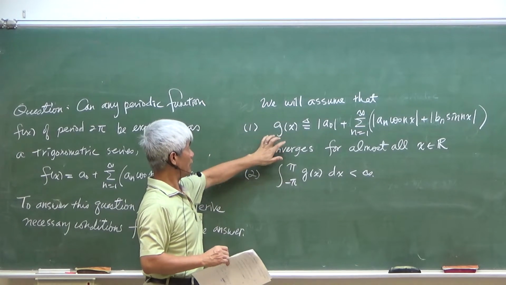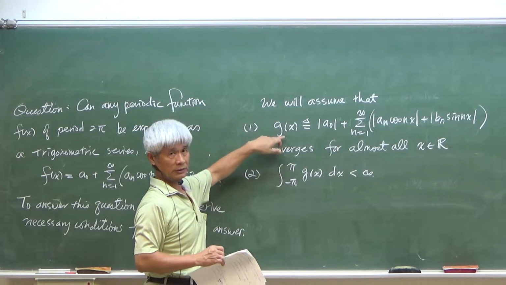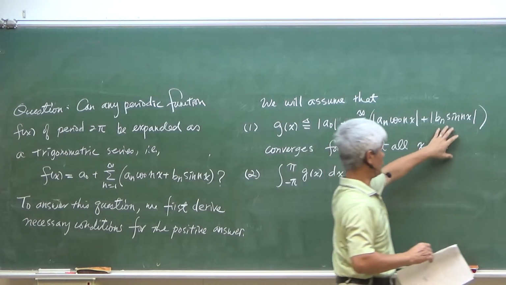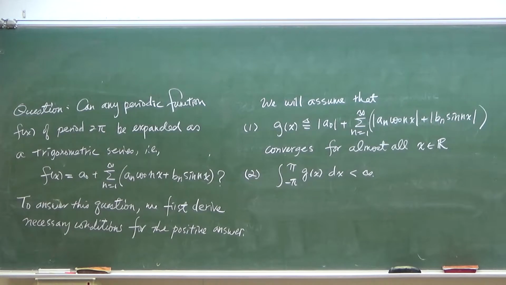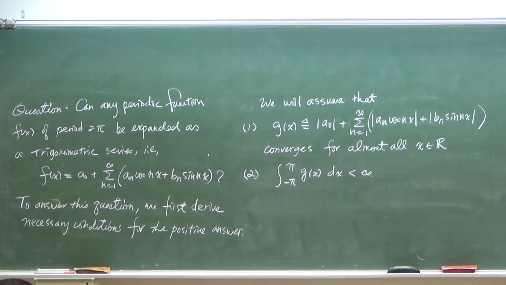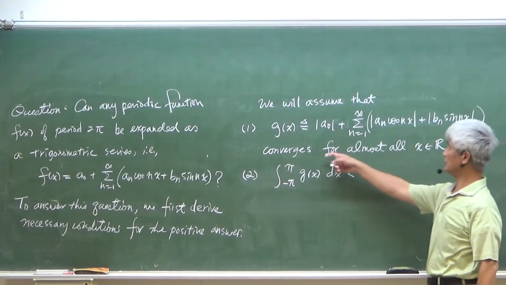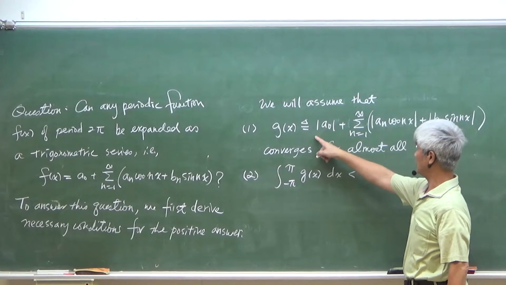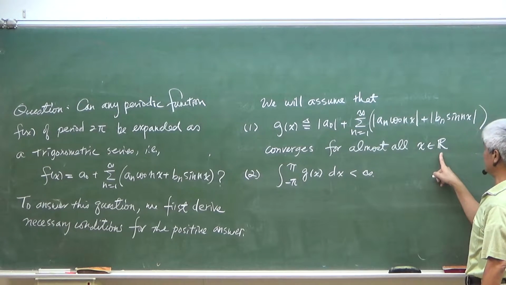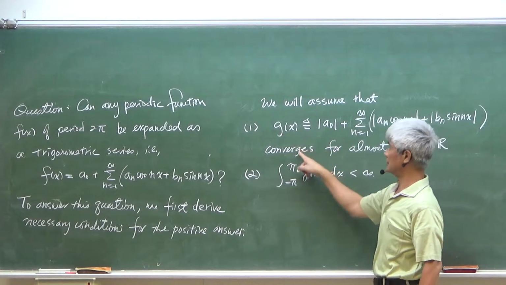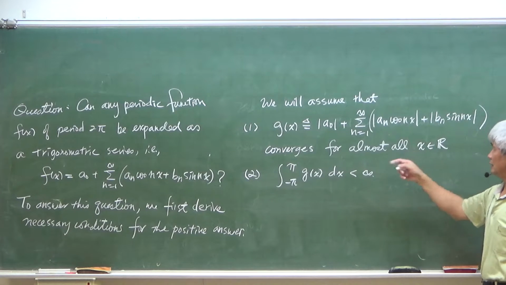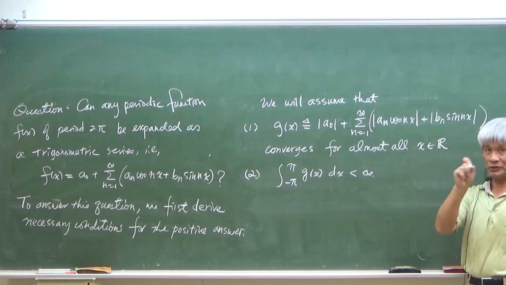And we require this periodic function converges. It is well defined for almost all x in R. For those x on the real line such that g of x does not converge, then we can redefine the function at those points.